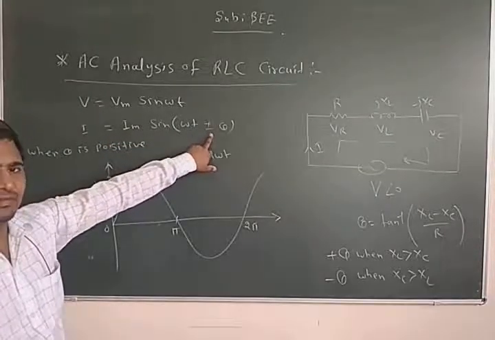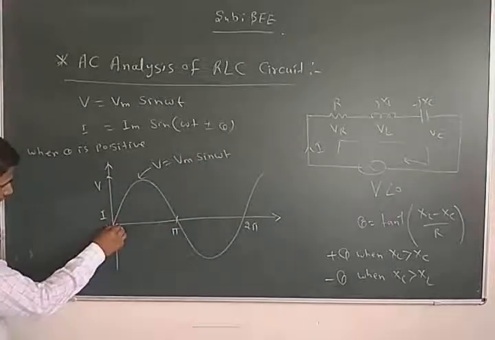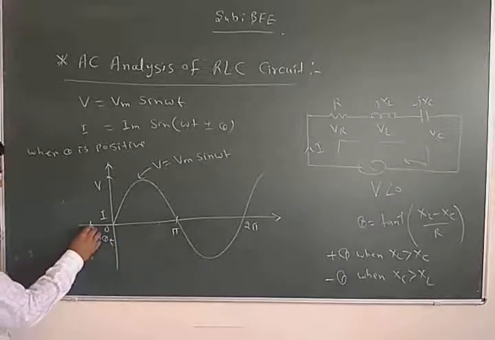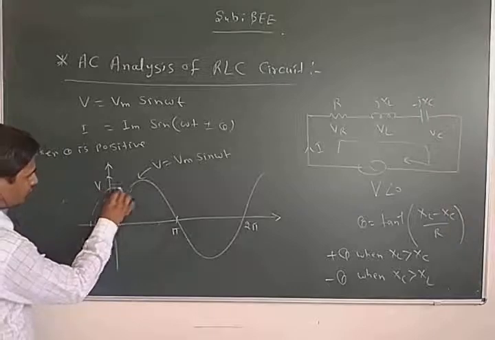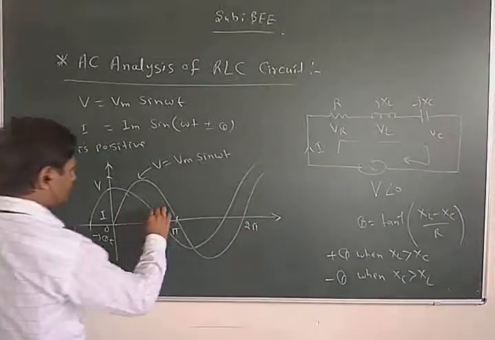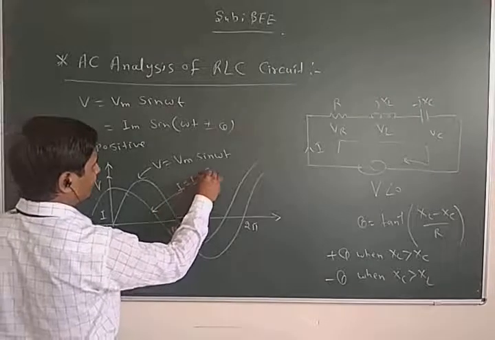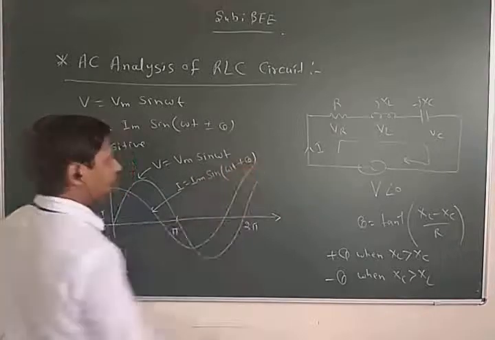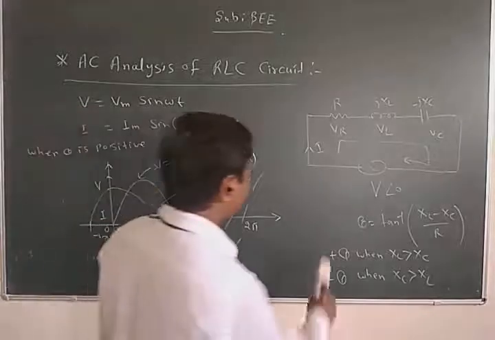So plus theta means leading. Suppose this is theta, then this is the waveform for current, I is equal to Im sin (omega t plus theta).